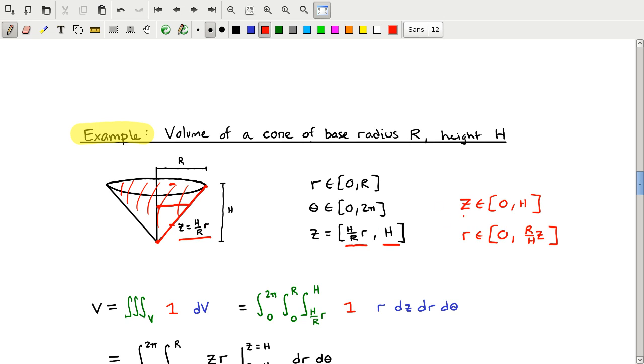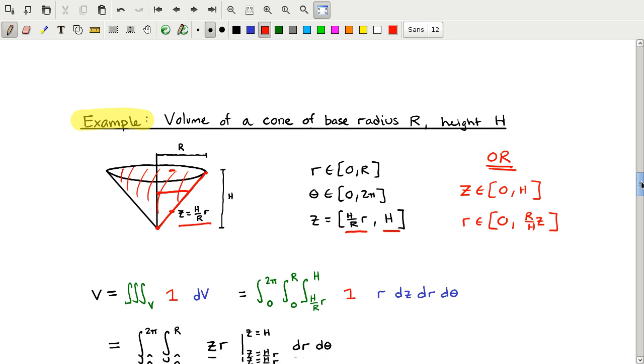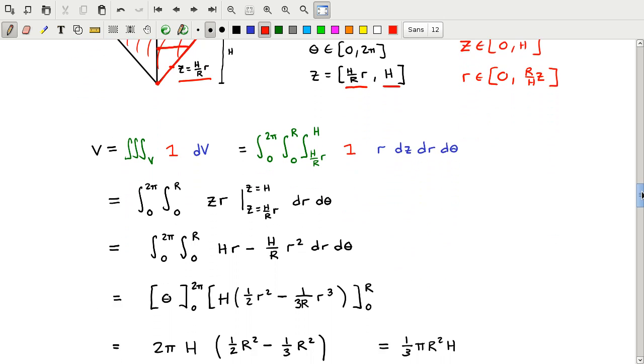So either one of these would be fine. They would both give you the correct answer. I've chosen to do it this way. Perhaps the other one would be easier since it starts from 0 and goes to some value. That might be slightly less work. But I've done it the way I've done it.